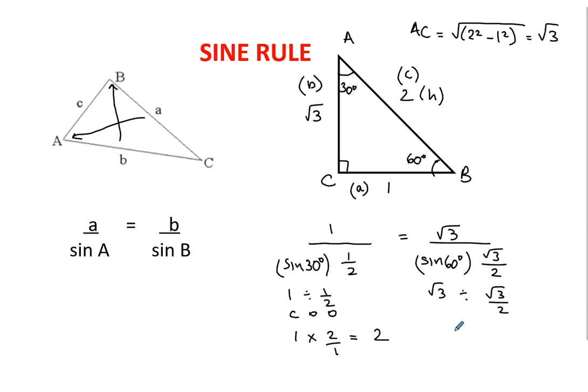Again, we do copy, opposite, opposite. So we're going surd 3 times 2 over surd 3, so that cancels out, and you just get left with 2. So can you see? The sine rule also applies to right angle triangles.